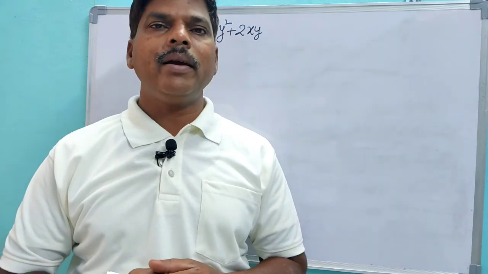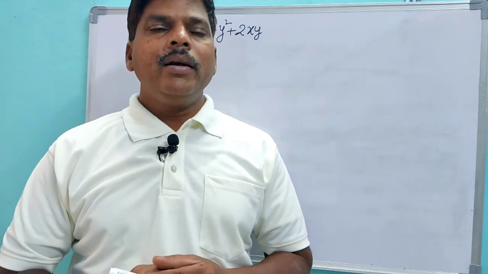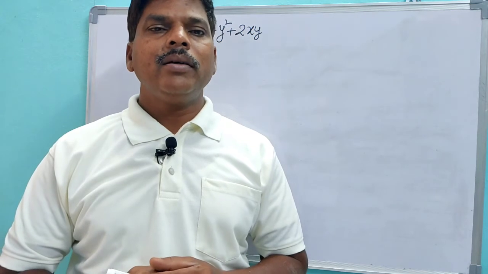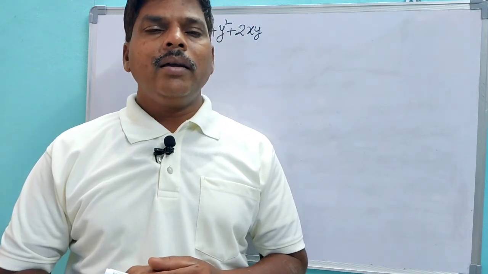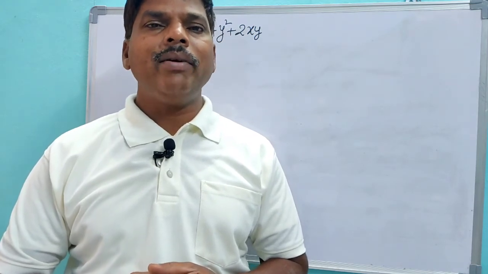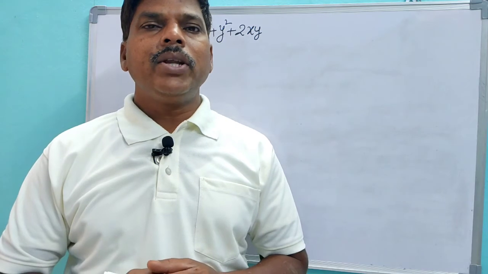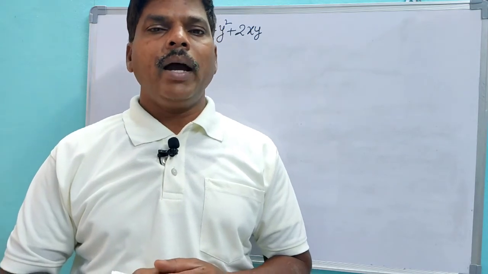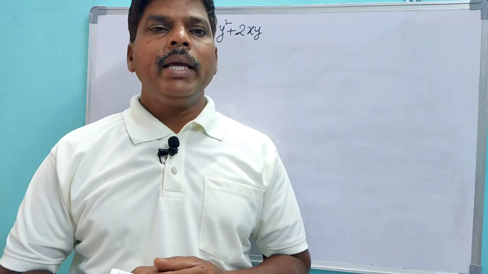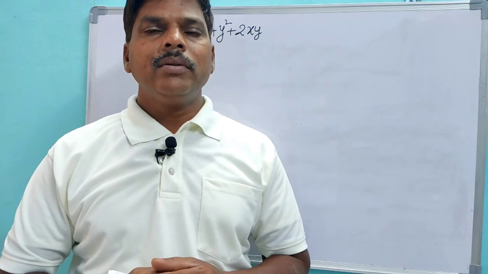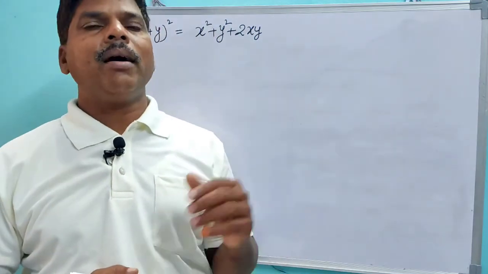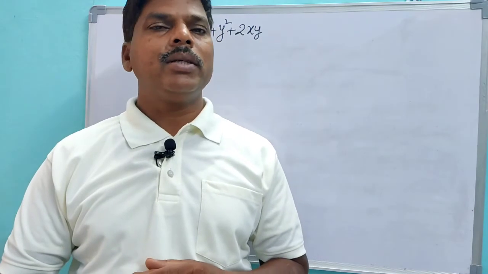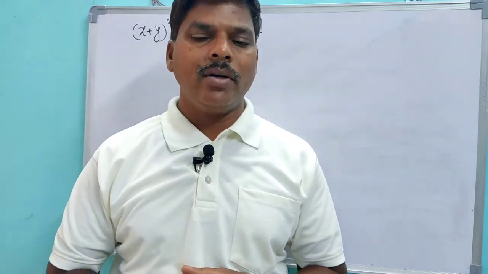What is a trigonometric identity? It is an identity in which the equation has trigonometric ratios of an angle, and it is equal on both sides, LHS and RHS, for all values of the angles. So this is a trigonometric identity.